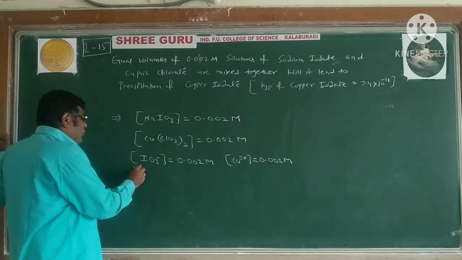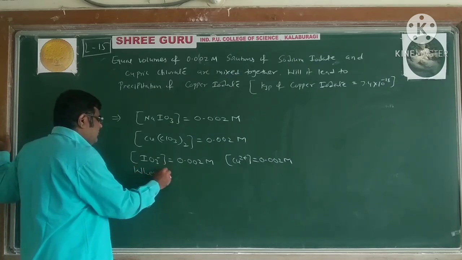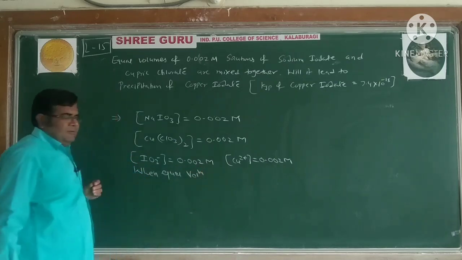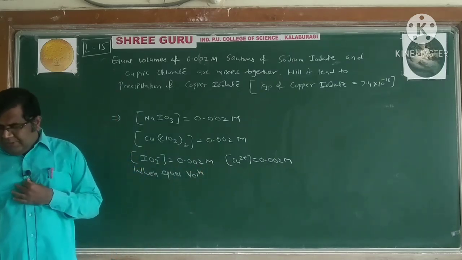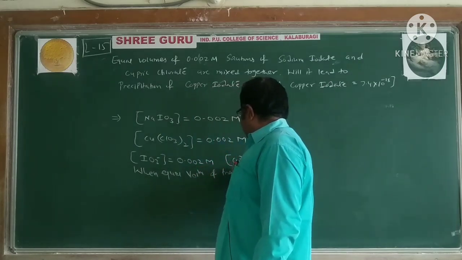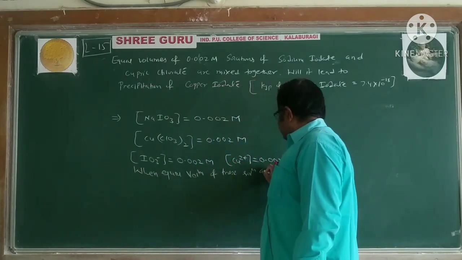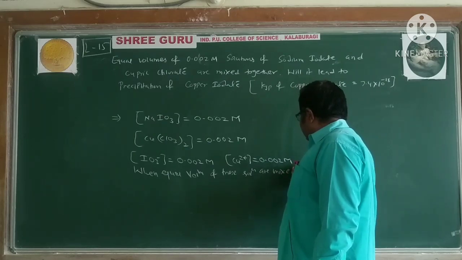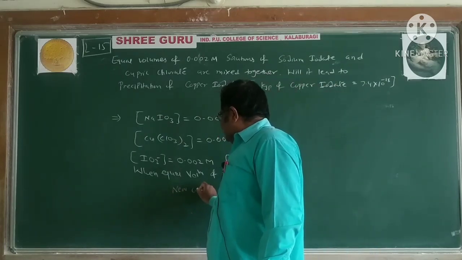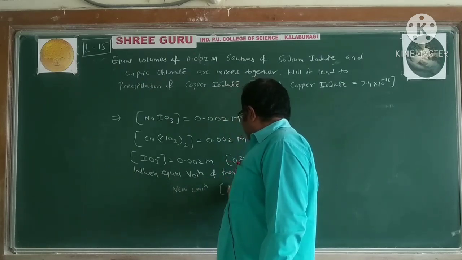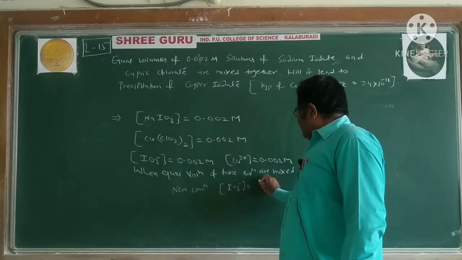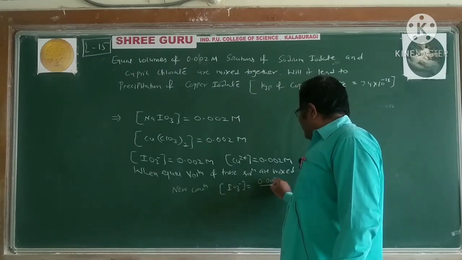When equal volumes, because they said equal volumes of these solutions are mixed, new concentration, the iodate ion concentration becomes 0.002 divided by 2.